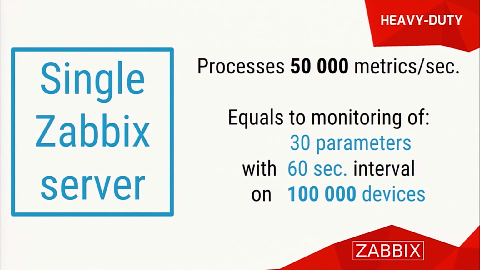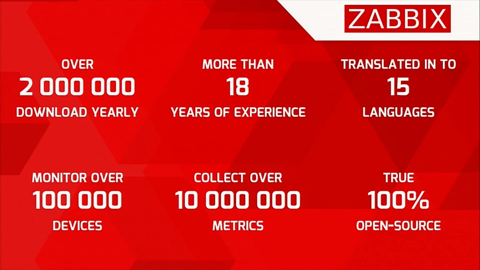Let's say the biggest Zabbix installation is monitoring 200,000 devices. Not that many organizations have that many devices, and that is possible to achieve with just one Zabbix server. And again, it's open source, so it doesn't cost you anything to get it, install it, try it, and basically cover all of your needs.